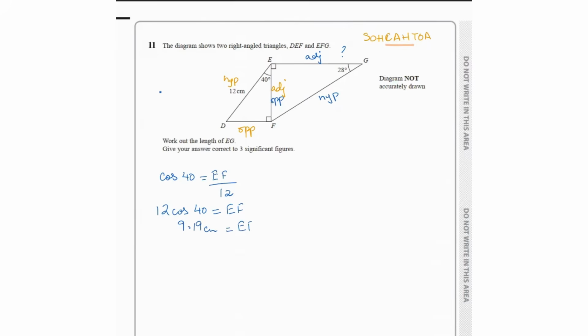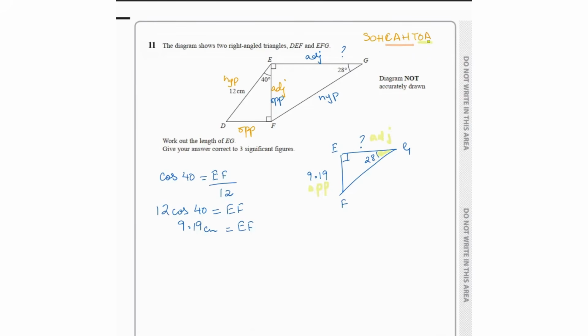That's EF. Now that we have EF, that is your opposite of this triangle. So let me just draw it separately over here. This is G, this is E, this is F. This is what we're trying to find. This is 9.19. This is 28. So we have our opposite. We have to find our adjacent. We have the angle.